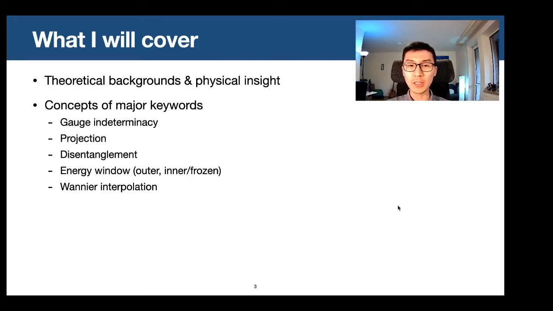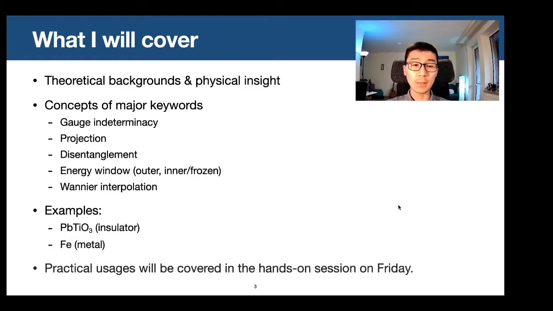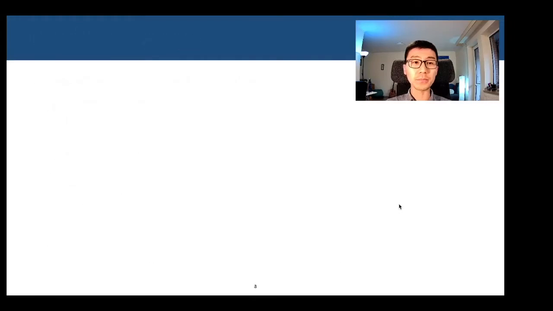That might be confusing in the beginning. And also I'm going to tell you what Wannier interpolation is. To explain so, I'm going to cover two material examples: lead titanate as an insulator and iron as a metal. But for practical use, this will be covered in a hands-on session at the end, on the last day of the workshop.